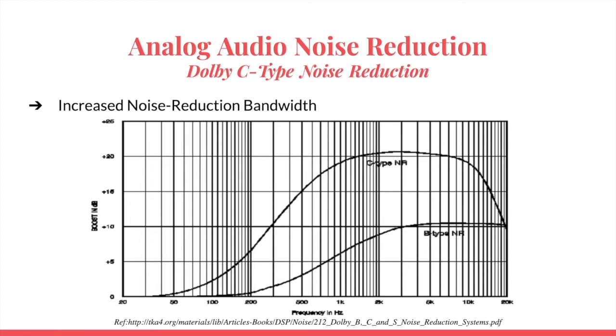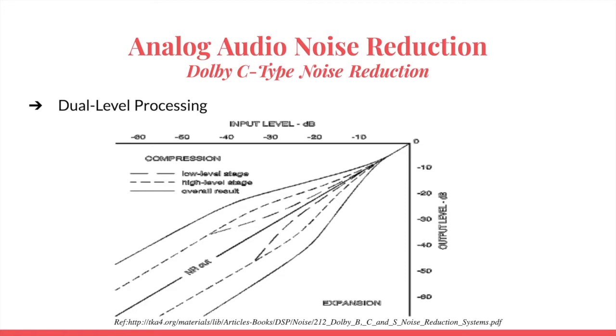By starting 2 octaves lower than Dolby B, what little noise is left appears to be spread evenly over the frequency range and therefore is not noticeable.